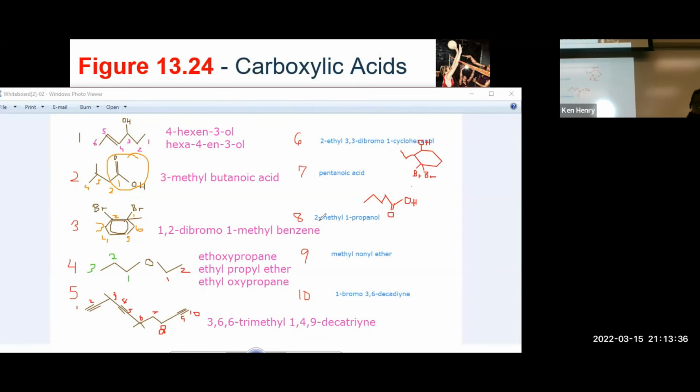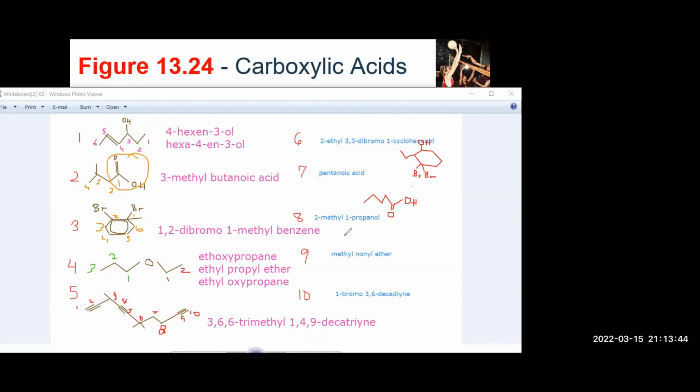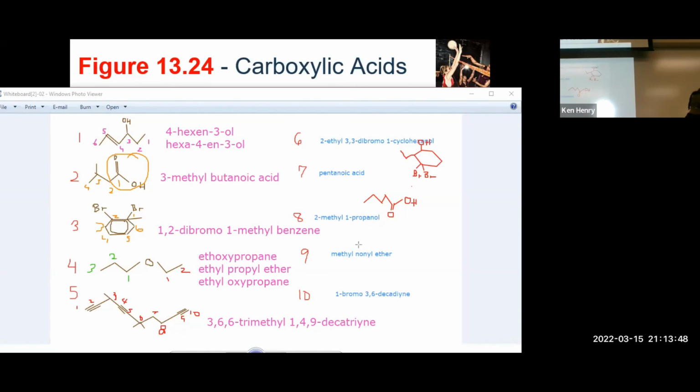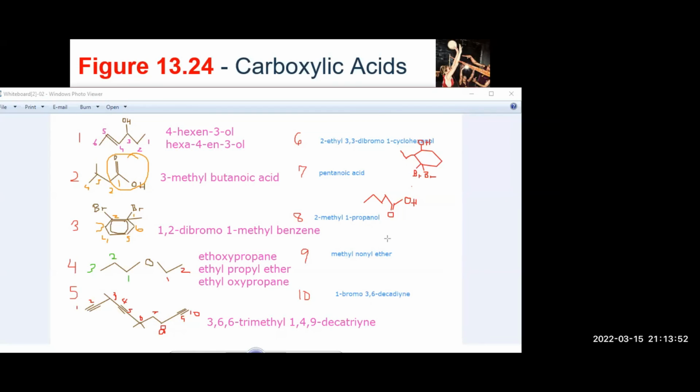Okay. So this guy, you would start at the end. Propanol: propane is how many carbons? 3. Okay, 3 carbons.